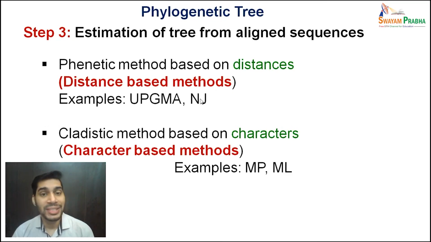Another one is NJ, that is the neighbor joining method. There is another branch which is called cladistic methods, based on characters, or they are also called character based methods. The examples include MP, that is maximum parsimony, or ML, which means maximum likelihood.